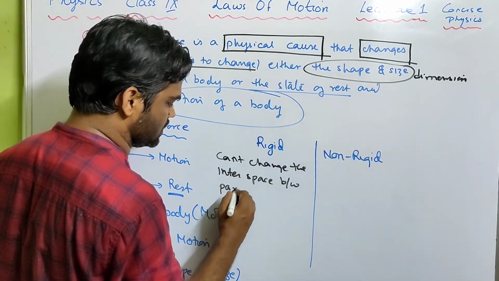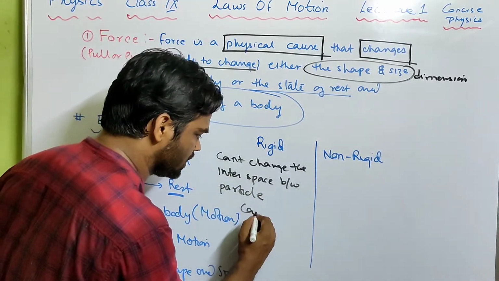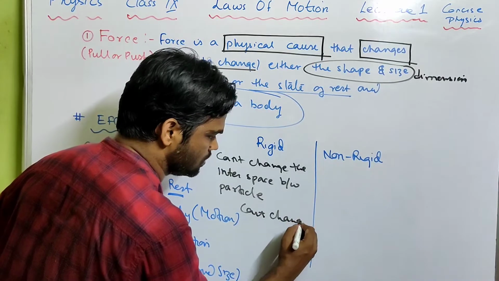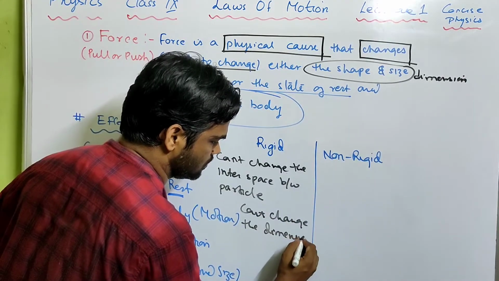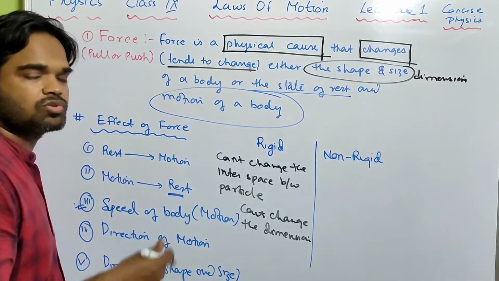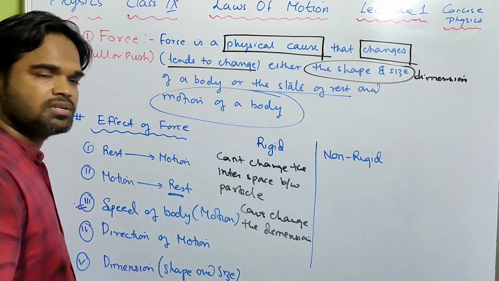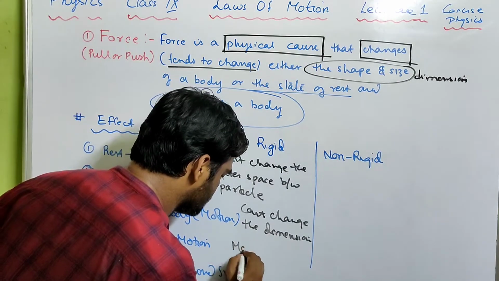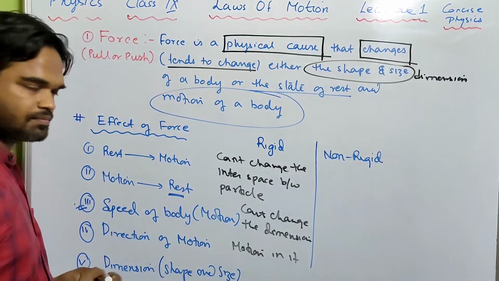You can't change that. Which directly means you can't change the dimension of the body. By applying force, you can't change the dimension. So what you can do? You can bring motion in it. Is it clear?